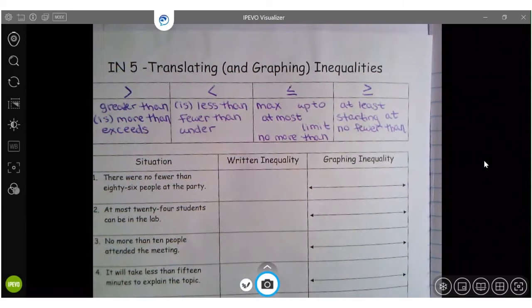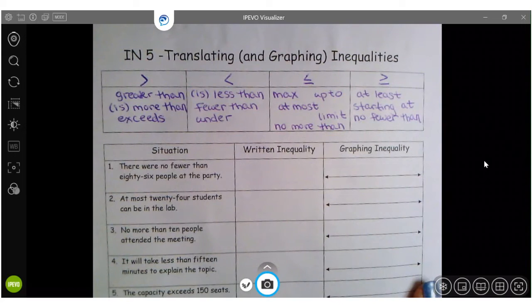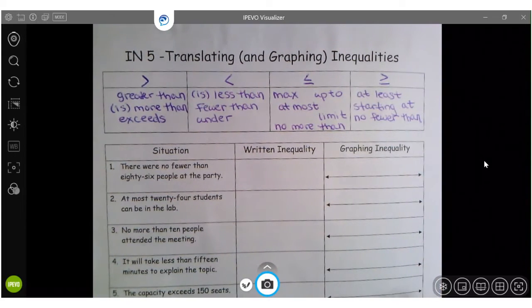So again, there could be some other ones that you may see. These will be most common ones, or you might see some type of variation of the words, similar words that mean the same thing.